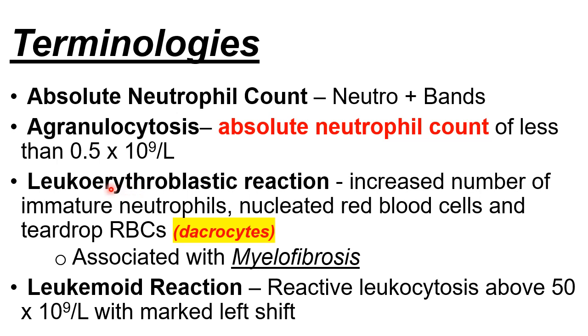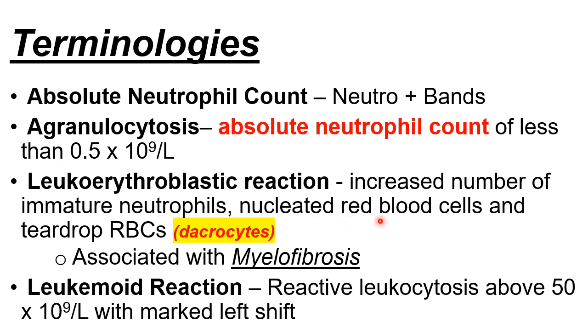So, when we talk about this term, ang ibig sabihin nito, there is an increased reaction of your immature neutrophils, leuko, di ba, WBC, and then increased number of your nucleated red blood cells, okay? Ano ibig sabihin ng nucleated? Di ba, ang RBC, para masabi mo na mature siya, dapat wala siyang nucleus. Kapag may nucleus pa yan, ibig sabihin, baby pa yan.